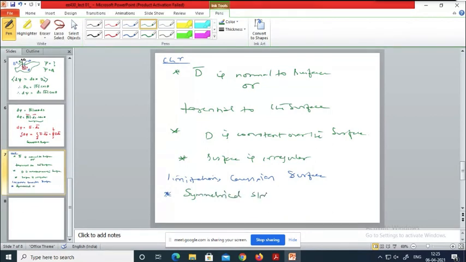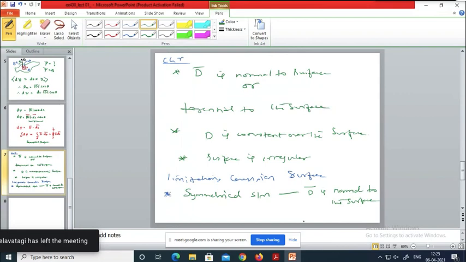Symmetrical systems means the vector D is normal to the surface. When D is not normal, that system is said to be unsymmetrical.